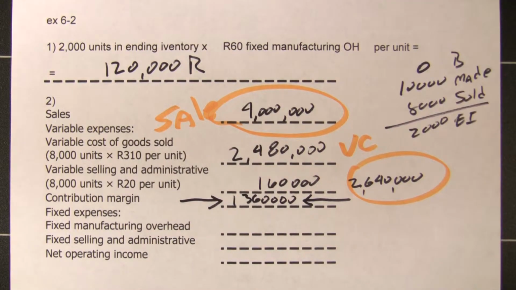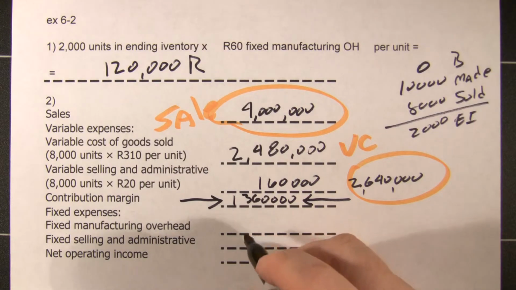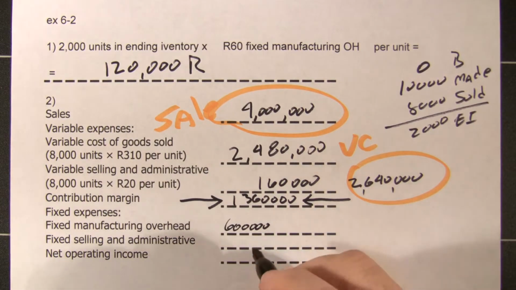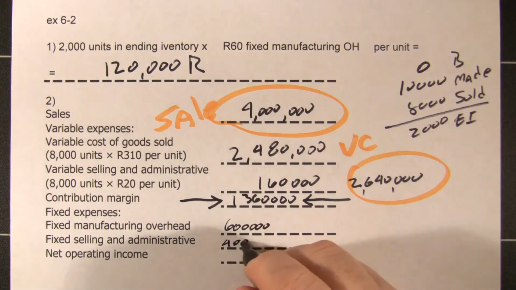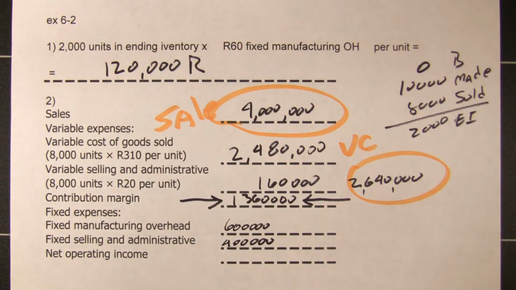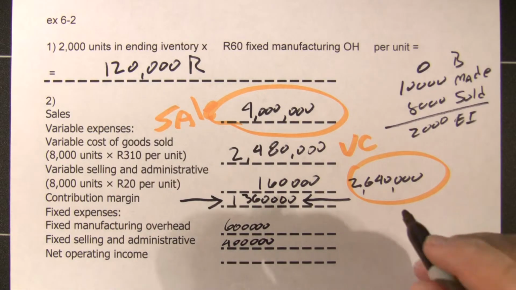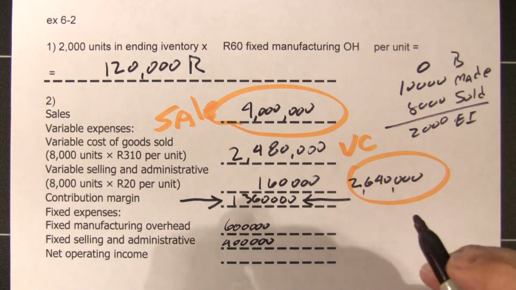Now we have 1,000,000 rupee in fixed expenses. We have 600 in the fixed, and we have 400 in the selling. So that's our fixed overhead and our fixed selling expense. That's 1,000,000.